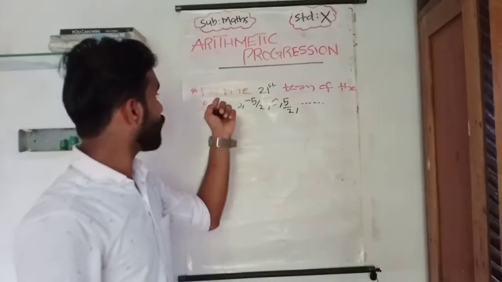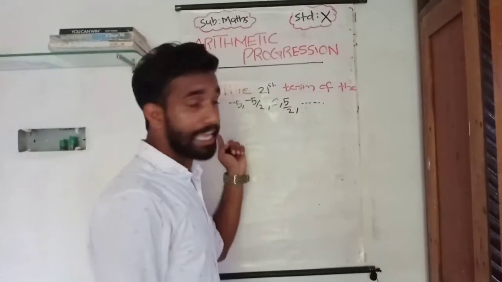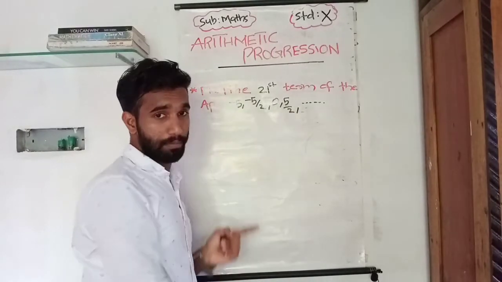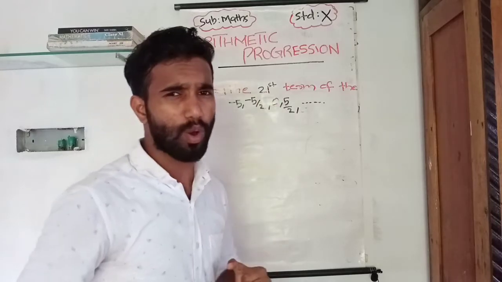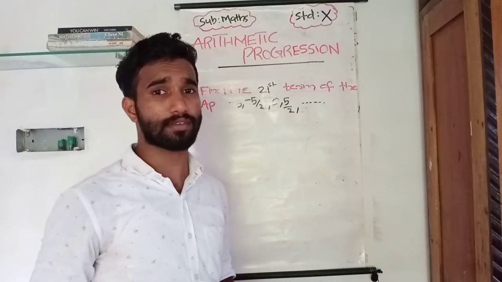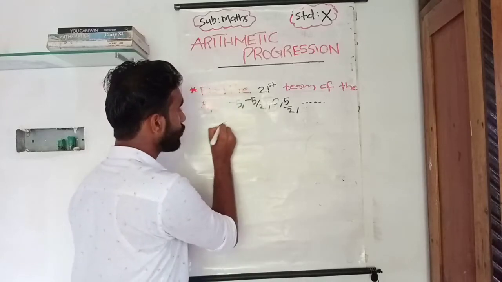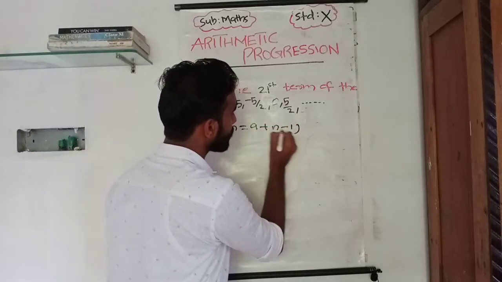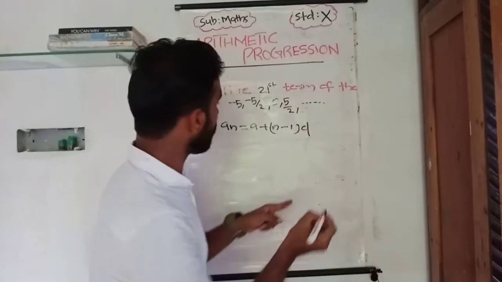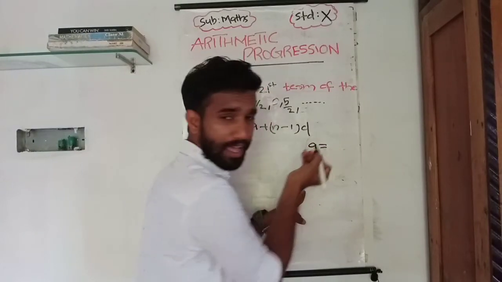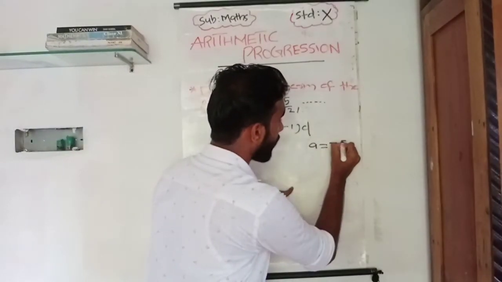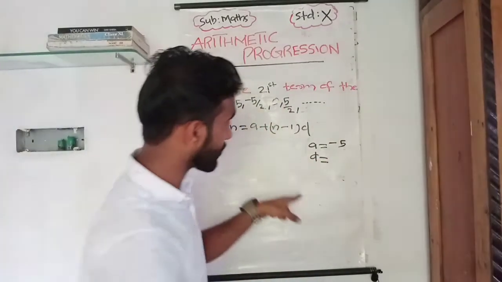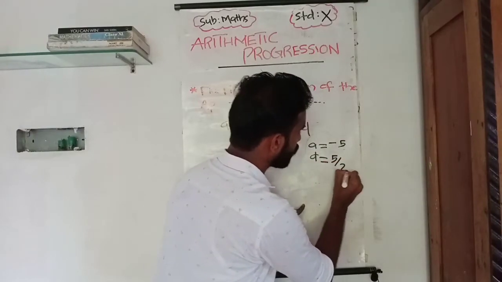Here it is. Find the 21st term of the AP minus 5 by 2, 0, 5 by 2. We have to find the 21st term. What is the nth term formula of the arithmetic progression? It is an is equal to a plus n minus 1 into d. Here the first term a is equal to minus 5 by 2. What is d? 0 minus minus 5 by 2, that's equal to 5 by 2.